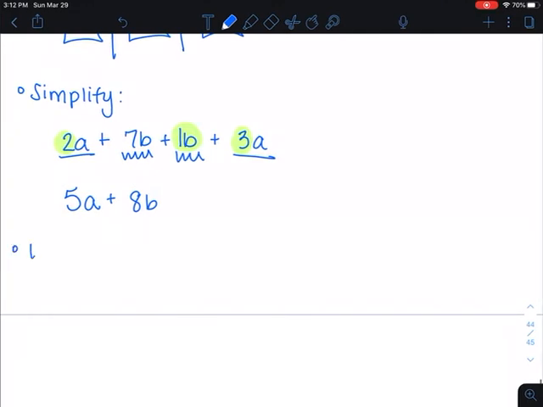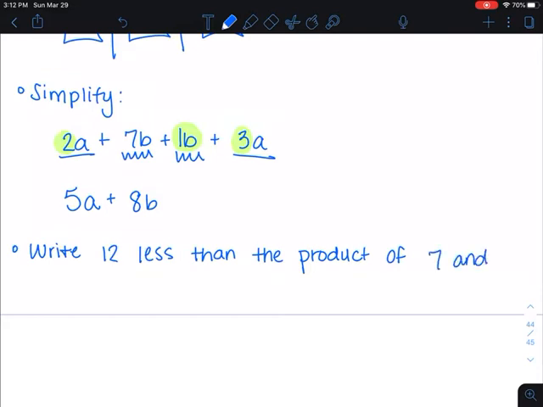If they said to write 12 less than the product of 7 and a as an algebraic expression.